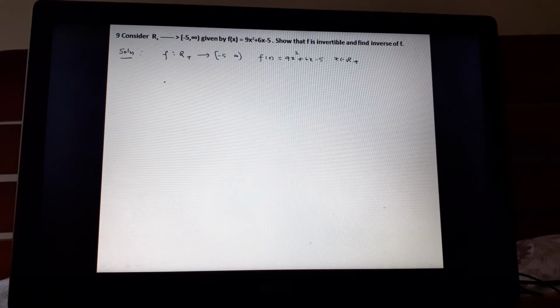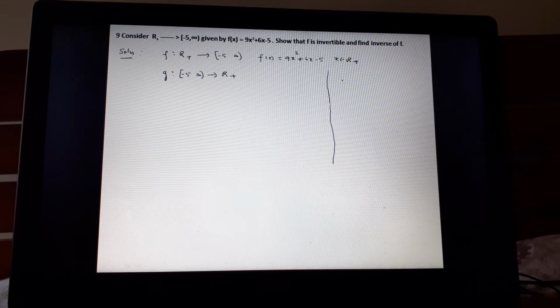Then we have to find G. In the second method, we only have to construct G, but it should be from minus 5 to infinity to R plus. But how to find it? This is the procedure you have to remember, and this is not rough work actually. You can retain it as it is.